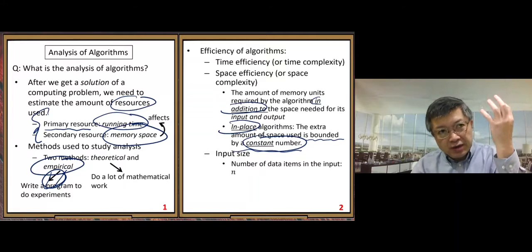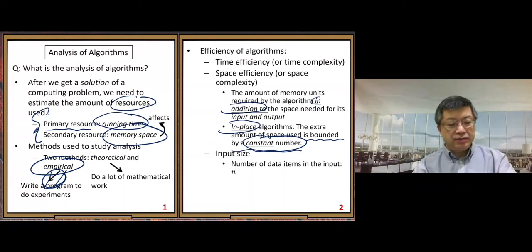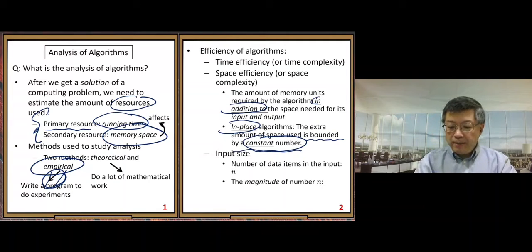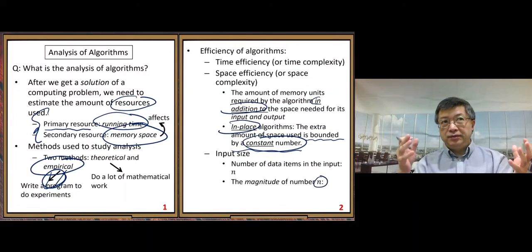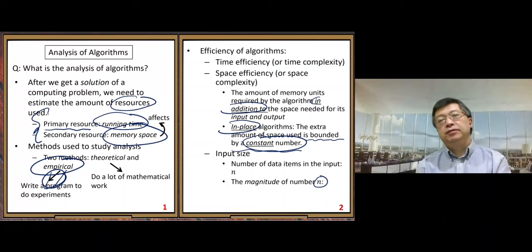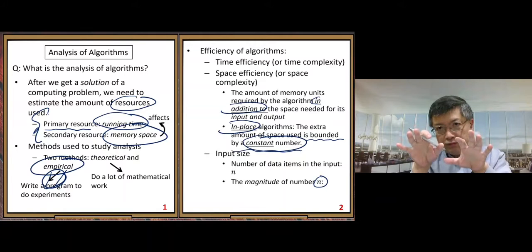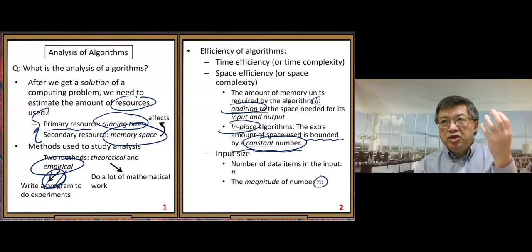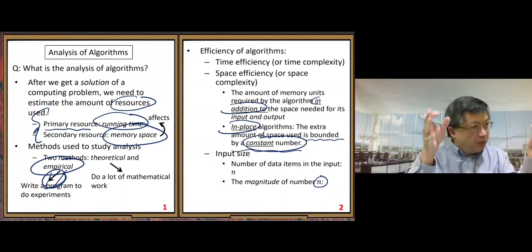But there is a second case: the magnitude of number n. The value, larger or smaller. That magnitude of the number n also could be the input size for some special problems.